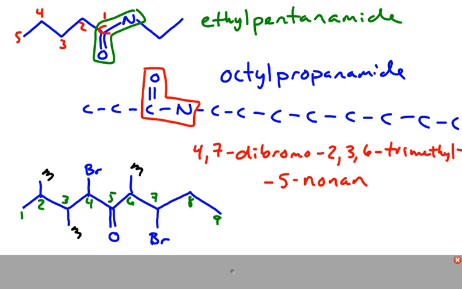I have a functional group on 5, so let's start at the beginning. I have a 4,7-dibromo, 2,3,6-trimethyl, and when you have multiple ones, go back just to make sure you put them on the right number after you wrote it. 5 functional group, 9-carbon chain, so nonan. If it's an alcohol, it'd be nonanol. Carboxylic acid, nonanoic, which wouldn't be in the middle. But this is a nonan-one. Nonanone.